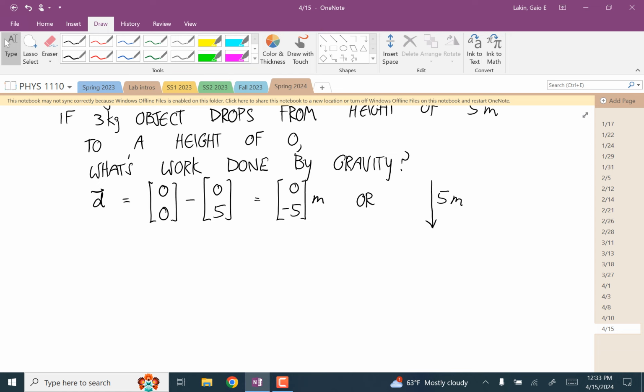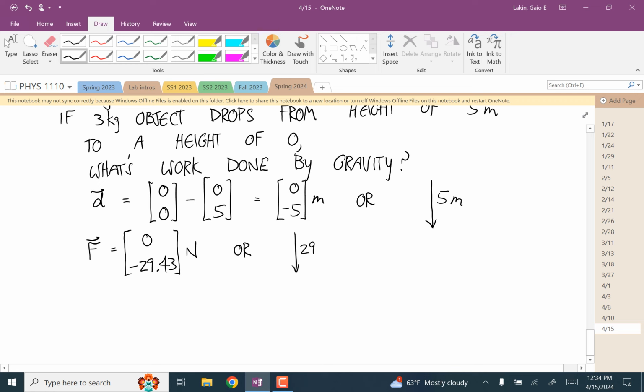What is that force? It's downward at 3 times 9.81, right? So that's going to be 0, negative 29.43. Again, this is just straight down with a magnitude of 29.43 newtons.